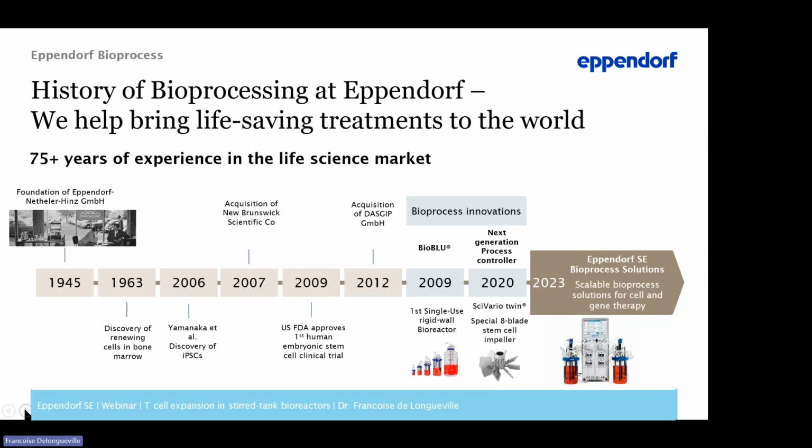In between, in 2007, New Brunswick Scientific joined Eppendorf in order to enrich our portfolio with a broad spectrum of equipment for cell culture. In 2012, Eppendorf acquired DASGIP Group. The high-quality bioreactors and software solutions provided by DASGIP nicely complement the current portfolio of New Brunswick.